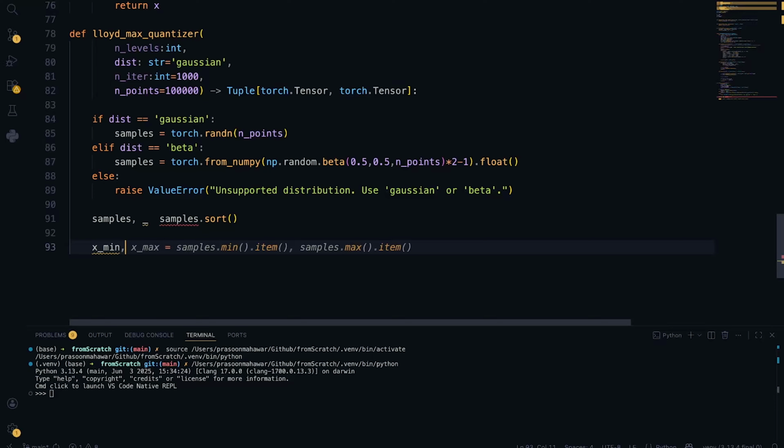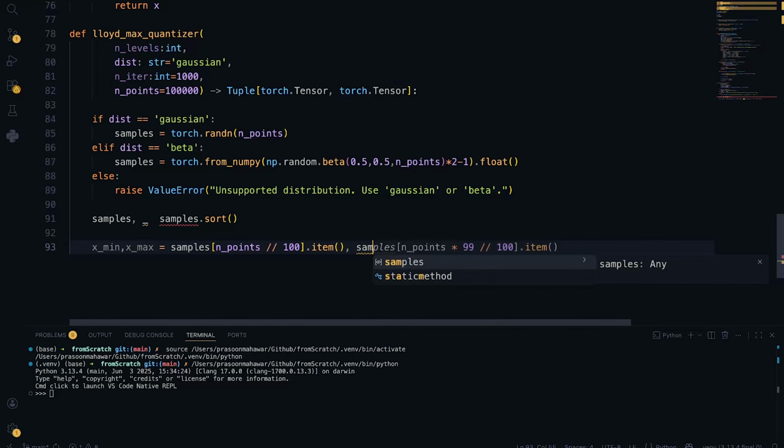So x max will be samples n points 100 divided by 100, and this will return the item of it, comma samples, and this has to be negative.